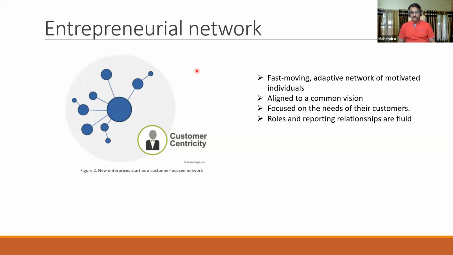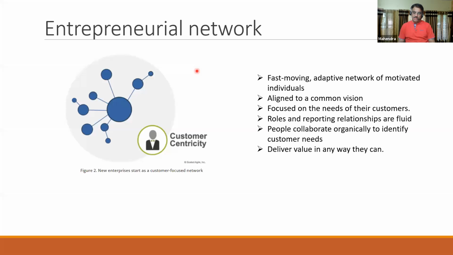Roles and relationships are pretty fluid. It doesn't matter, from the CEO to the last person in the chain, who develops, who markets, who takes care of sales, admin, logistics. Everyone is bound by a common vision, people collaborate organically, and there is total focus on customer needs, and come what may, value is delivered. That is what we call an entrepreneurial network, and customer centricity is the key.